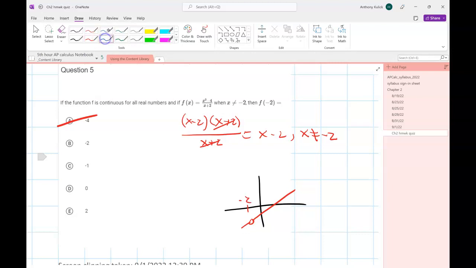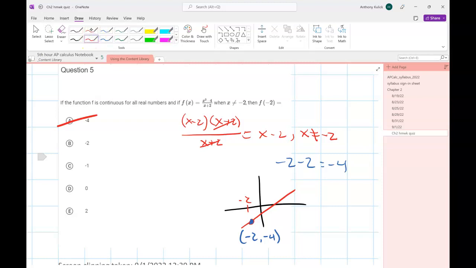What we want is the value to fill in here, which is just what I would get if I plugged in -2 for x. Just figuring out where the hole is from the removable discontinuity and filling it. That's all we're doing.